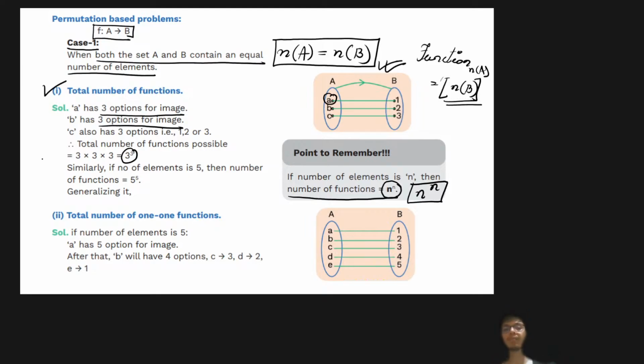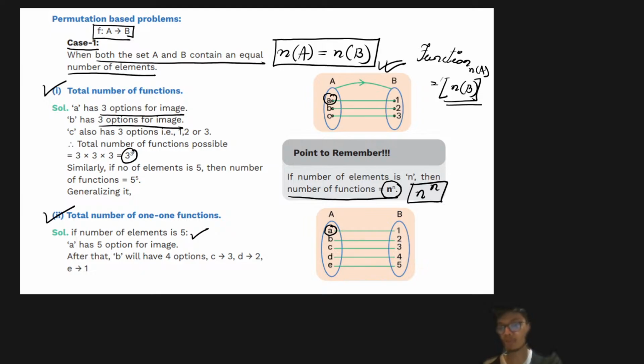Now interesting things come up when I ask you to calculate the number of 1-to-1 functions. If I ask you about the 1-1 map, if the number of elements in A is 5 and the number of elements in B is 5, then any element in A will obviously have 5 options.